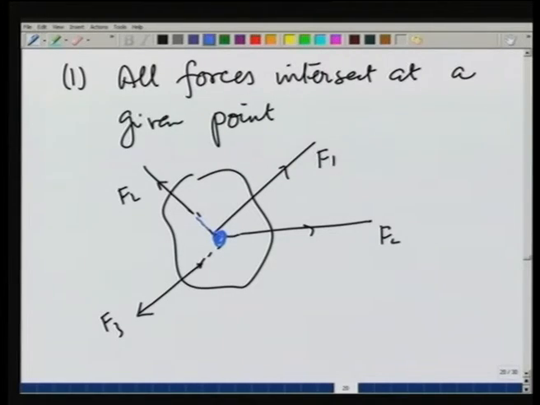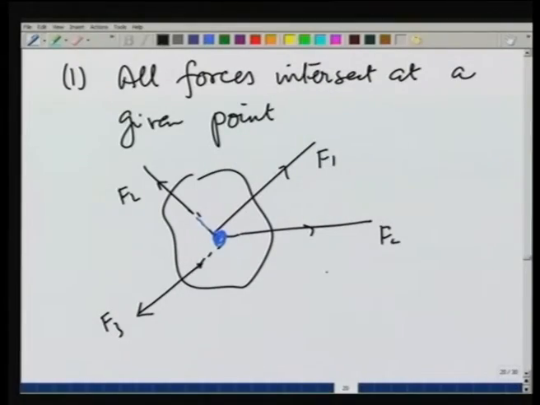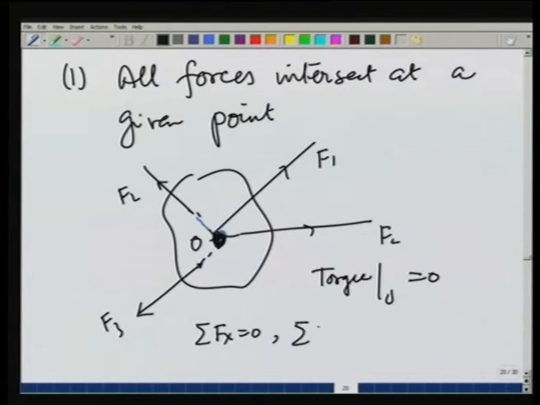In that case, the condition that torques be 0 becomes irrelevant, because if I take the torque about this point O where they intersect, the torque about this point would be 0 for all the forces, and therefore, the only equilibrium conditions I require are summation f x equal to 0, summation f y equal to 0, and summation f z equal to 0.